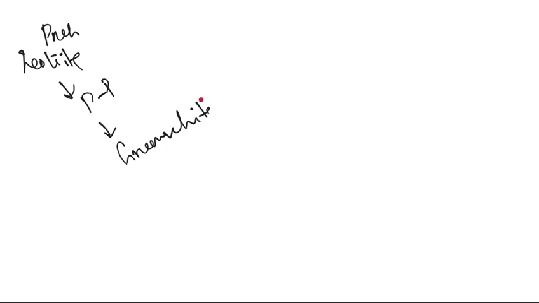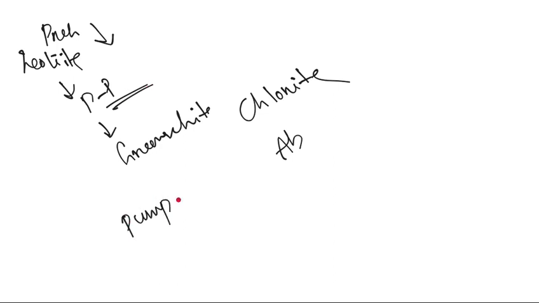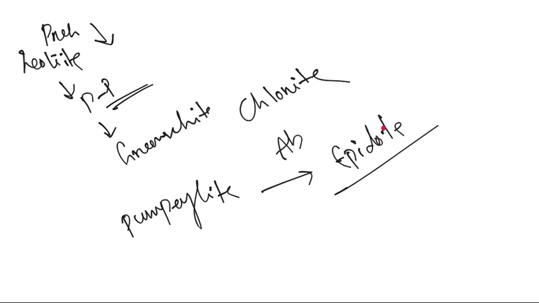I am writing now, then we will go through the PPT. So in this greenschist, chlorite is already there, and pumpellyite reacts with another mineral, and the albite component also comes from the zeolite facies. So pumpellyite reacts and gives chlorite, albite, and epidote.